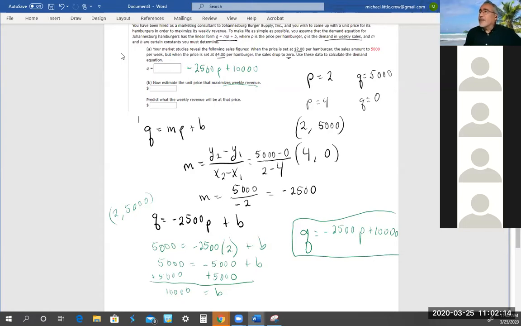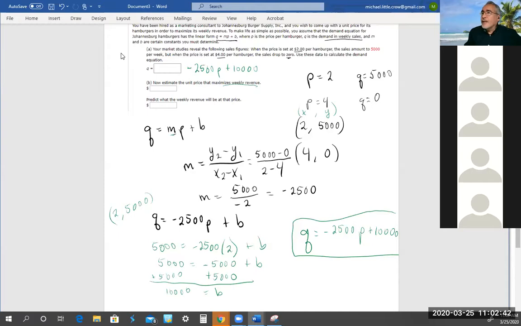Okay, so you find the slope. What they're giving you in the A part is 2 points. The price is the X coordinate. The amount sold is the Y coordinate. So at $2 we sell 5,000. At $4 we sold 0. Those are the X and Y values, and then we use the slope formula.